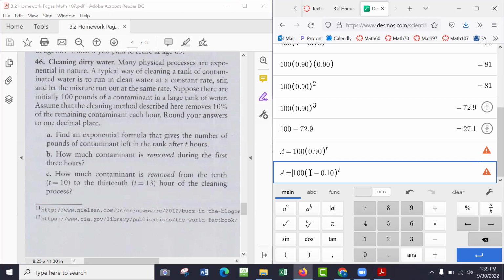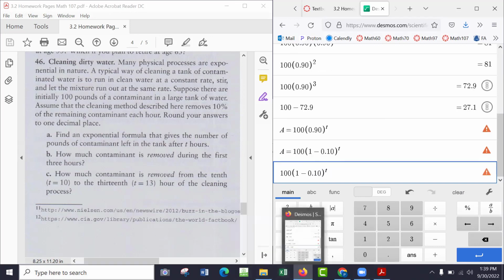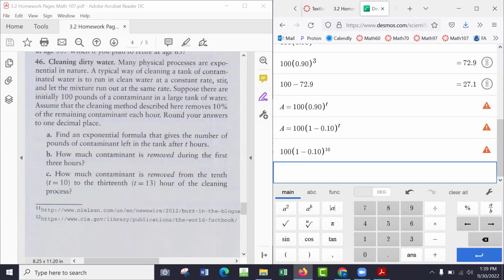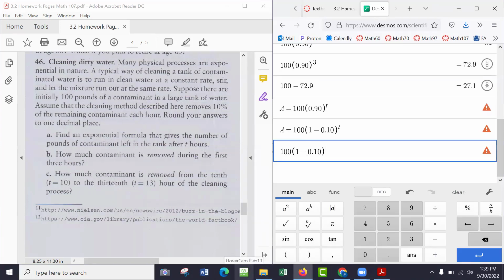So the first thing I want you all to try is just, okay, what's going on after the 10th hour? So if T equals 10 in your formula, what would that look like, right? So if T equals 10, you just put 10 in for the number of hours, right? And the calculator doesn't like me right now for some reason, but it should be this.